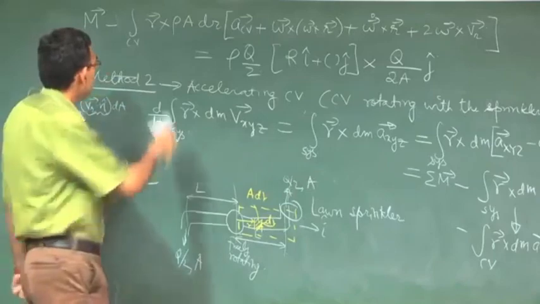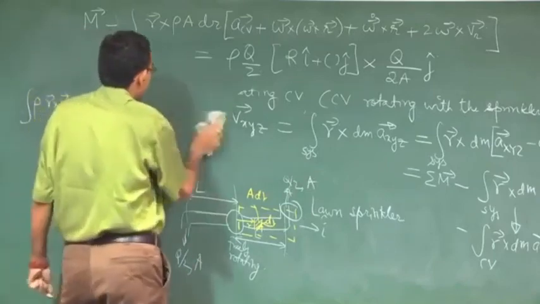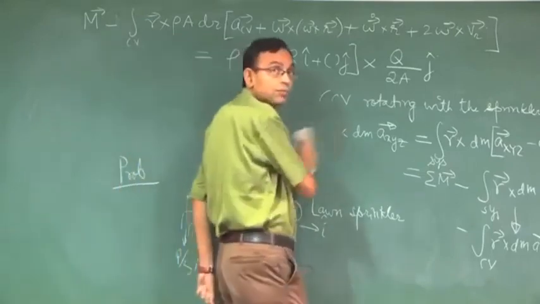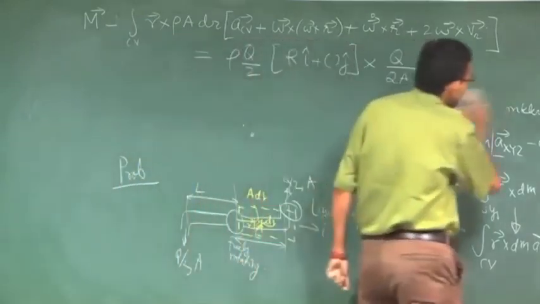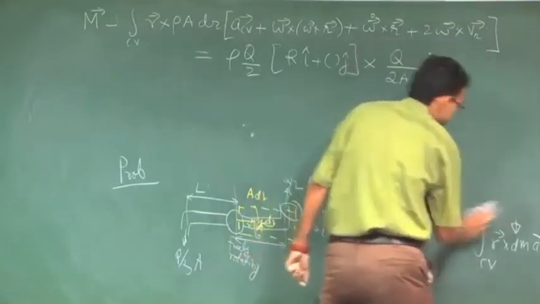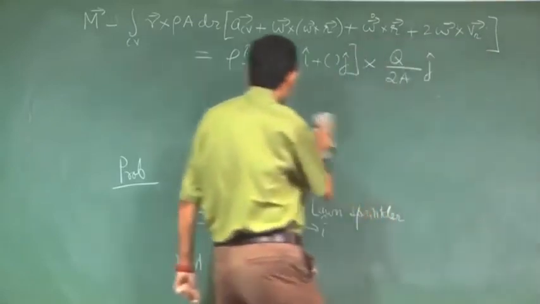Okay. So now let us clean it up and see whether we are getting the same final equation as that of the previous method, then only it will be validated that our method is correct.